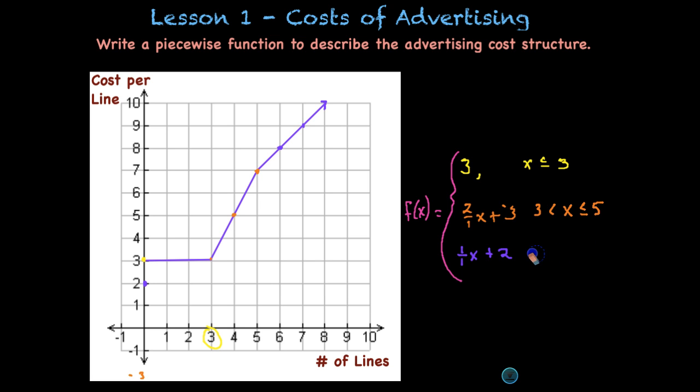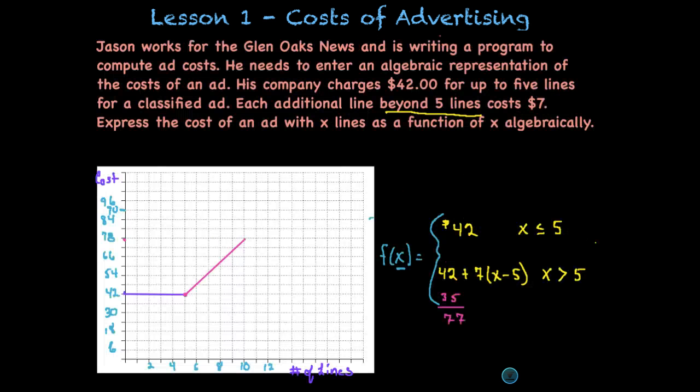So let's rewrite this as x is greater than 5. Very similar to our initial piecewise function back here. And we'll go back to it, where x was greater than 5 because this line we're assuming goes off forever.